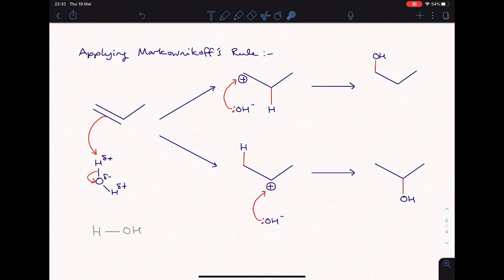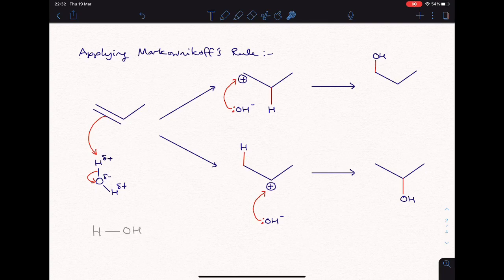As we said, this would be the major product, and this is formed from the more stable secondary carbocation intermediate, whereas the alternative product, which is the propan-1-ol, is the minor product because it is formed from the less stable primary carbocation intermediate.